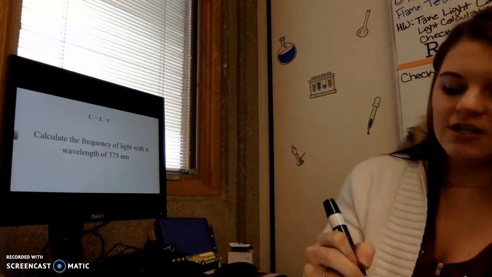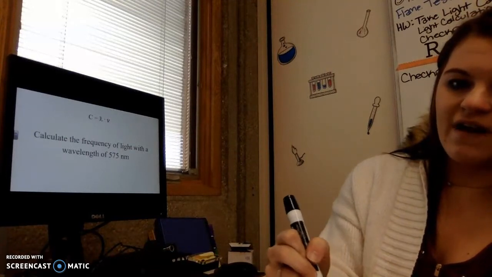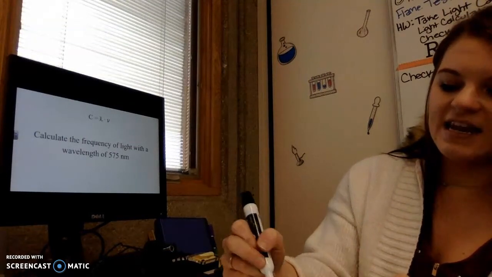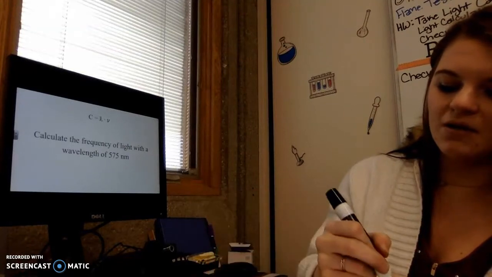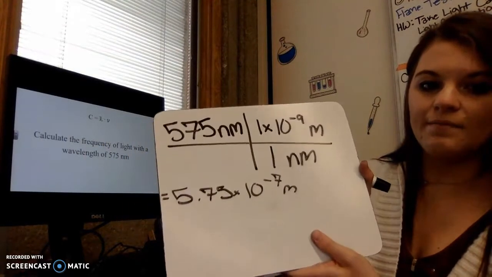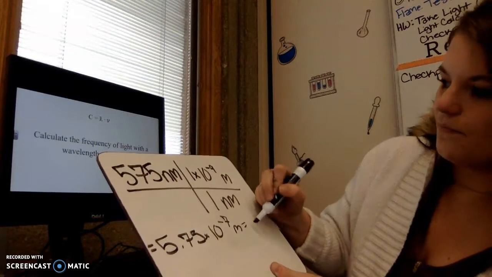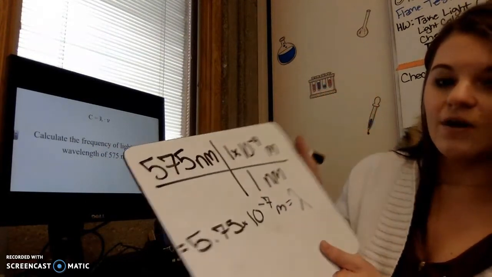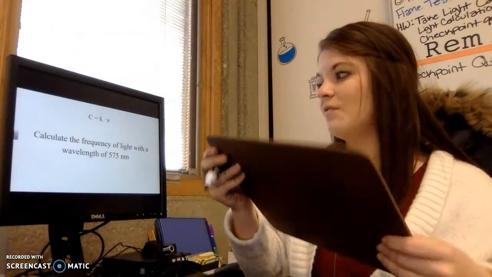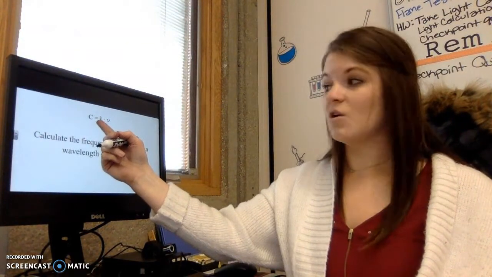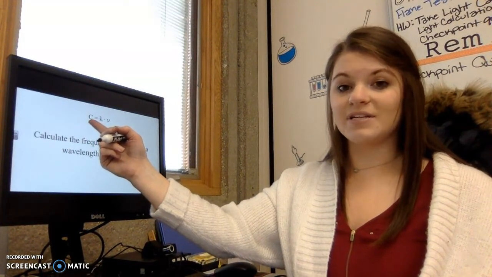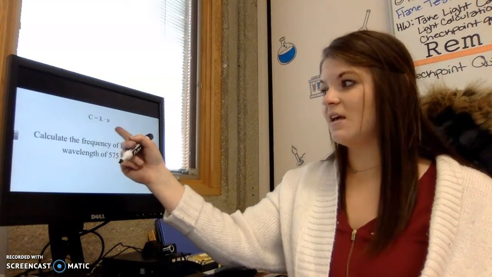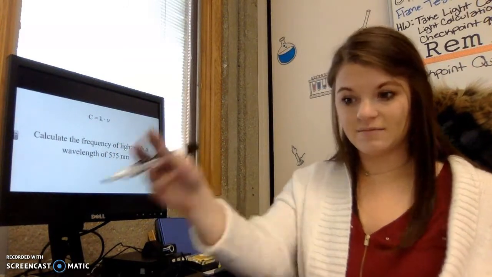And you should get 5.75 times 10 to the negative 7th meters. That is our wavelength. So we have wavelength. We have the speed of light, our constant, 3 times 10 to the 8th meters per second, and we're calculating the frequency.